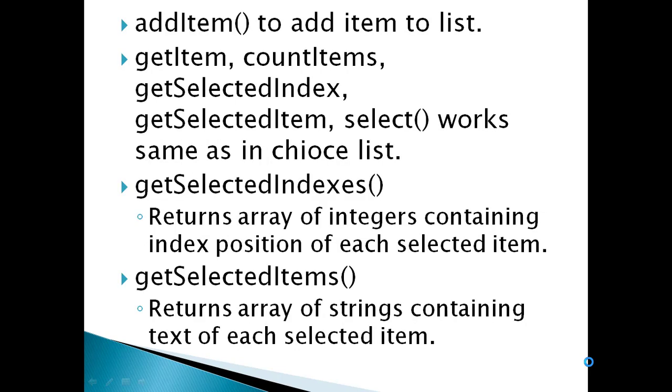After this, some methods to deal with this list. First method is the addItem method, which adds the item to the list. Next, getItem returns the item. countItems counts the items in the list and returns that count. getSelectedIndex returns the index of the item you have selected. getSelectedItem returns the item we have selected.